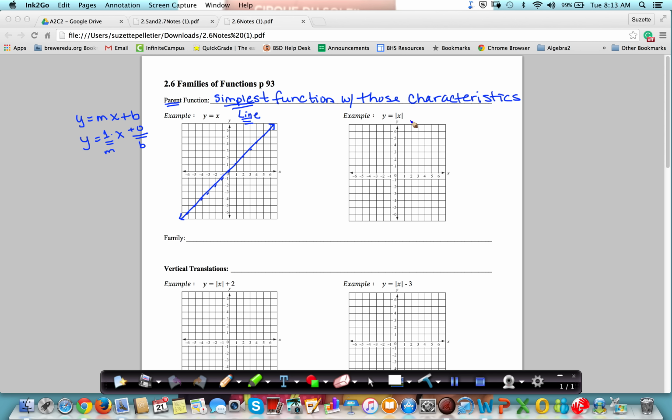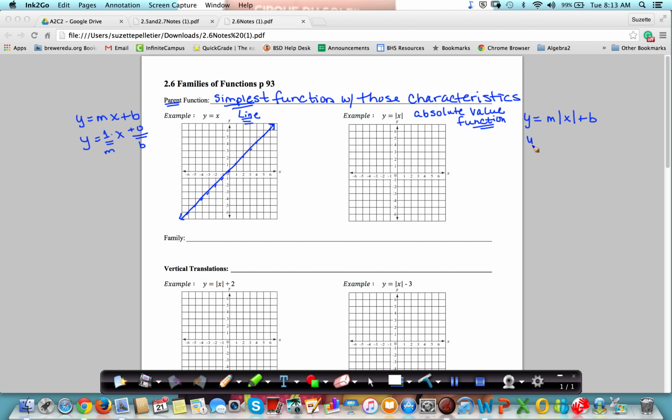Okay. This, y equals the absolute value of x, is going to be the parent function of an absolute value function. Okay, again, y equals m times x plus b.